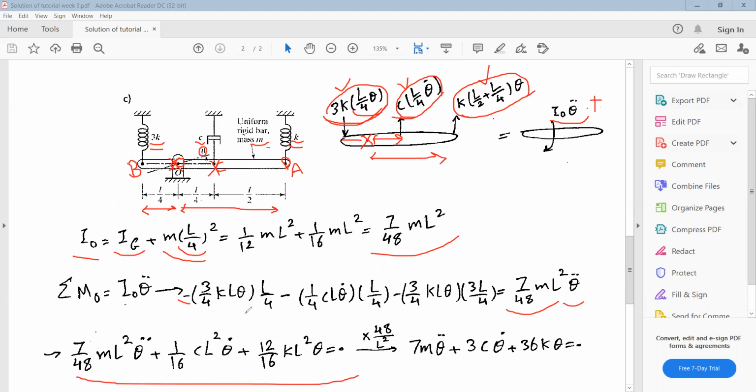If you simplify this by multiplying by 48 divided by L squared, this is the simplified form. And finally, the natural frequency is the square root of the coefficient of theta divided by the coefficient of theta double dot. So this is the equation of motion and the natural frequency for this system.